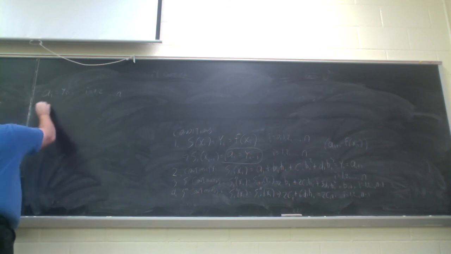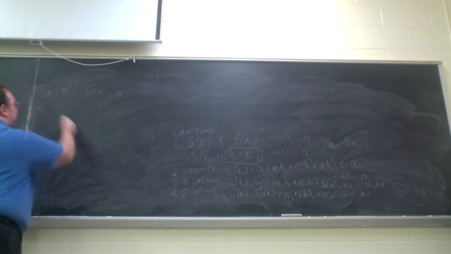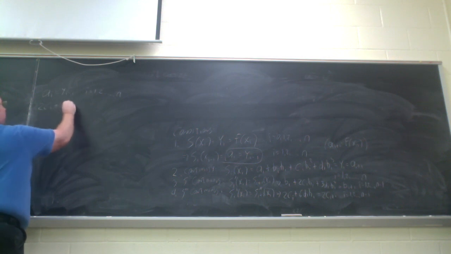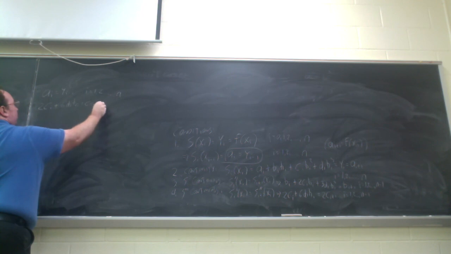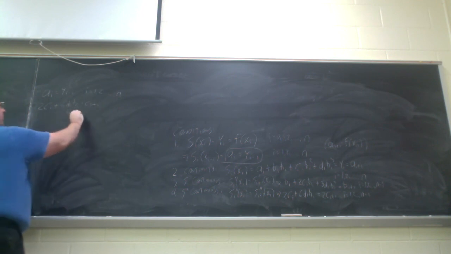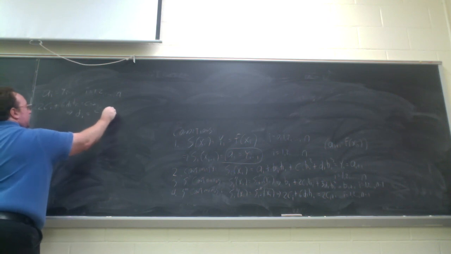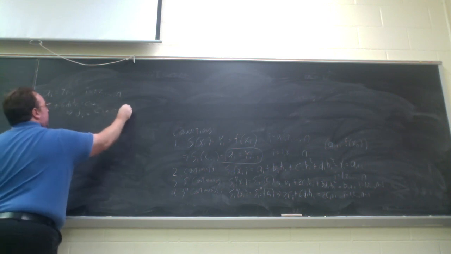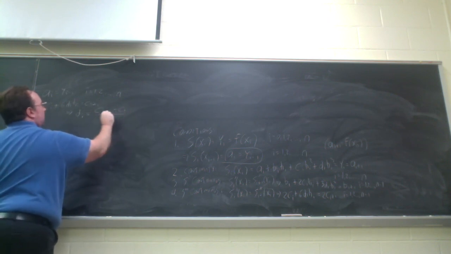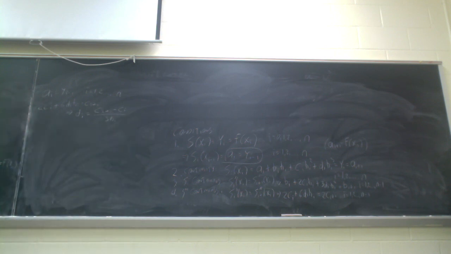So I have a condition for second derivatives, 2ci plus 6di hi is equal to ci plus 1. So I can solve that for di. Okay. So now the A's and D's are eliminated.